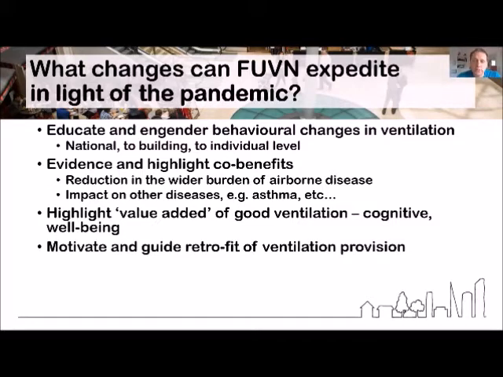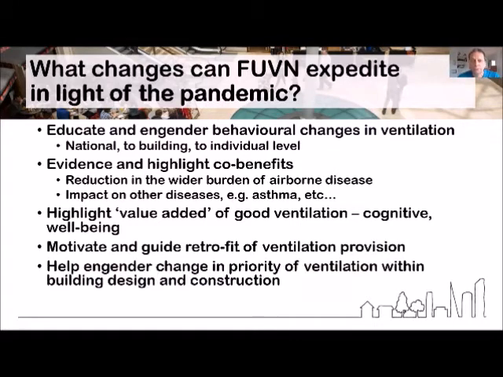And we need to accept that there's an enormous building stock, and much of it isn't being properly ventilated, and we need to think about retrofitting, not just for the pandemic, but also for the future. And we do need to try to help ventilation be prioritized within the process of building design and construction.